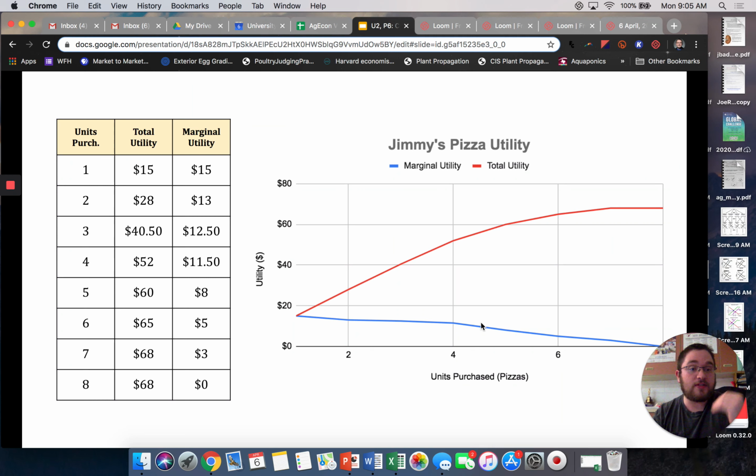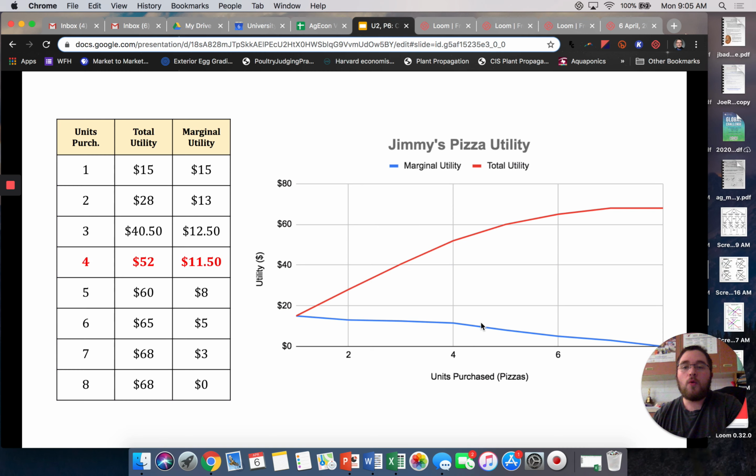Our perception of how much that pizza is worth is going to go down as we start getting more and more units. And this, honestly, friends, relates very well to the law of supply and demand. Remember, demand is downward sloping, so as our quantities increase, the price that we're willing and able to pay for an additional unit also goes down. So it all connects back, you see?